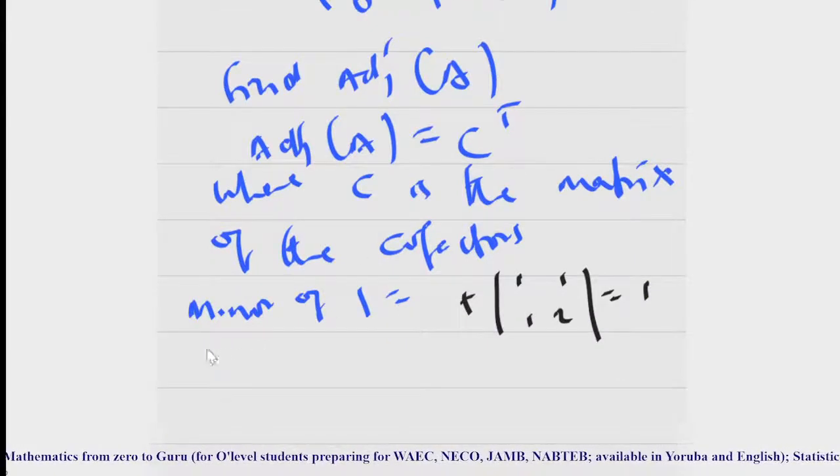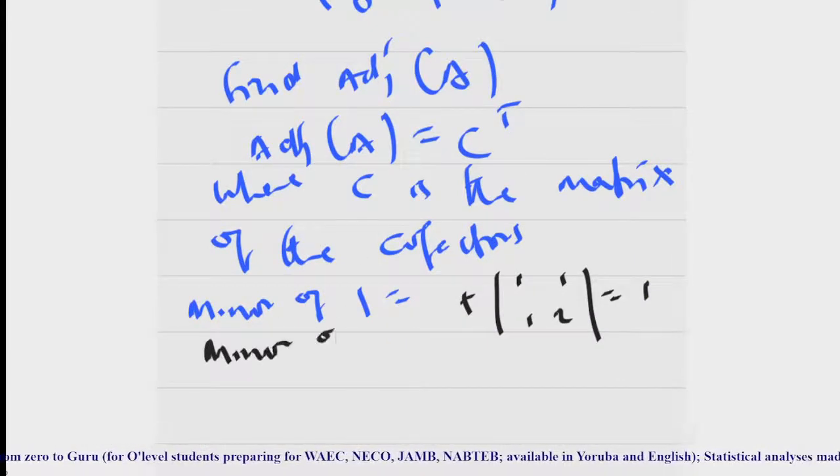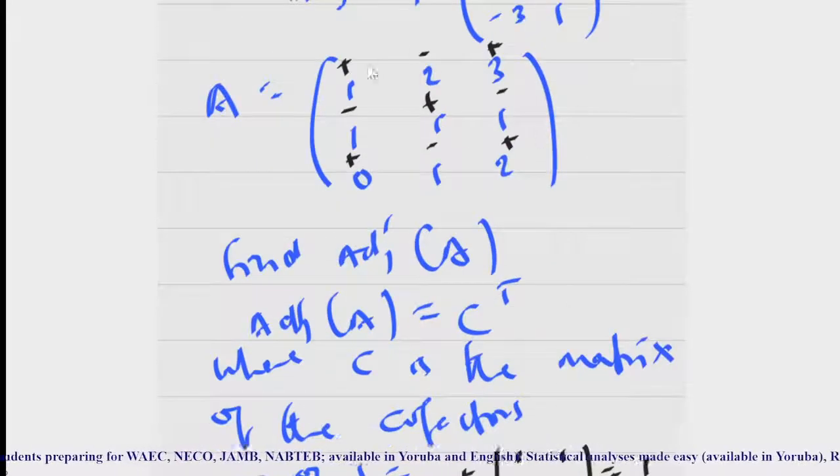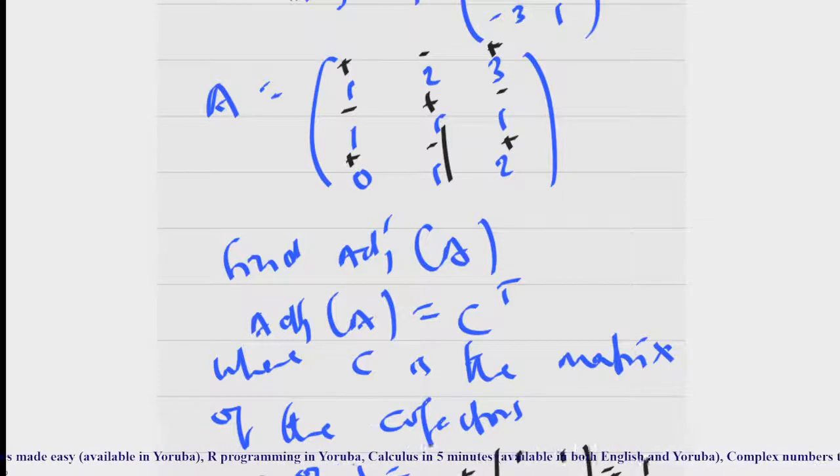You also find the minor of 2. You clear the row as well as the column. Then we have 1, 1, 0, 2. Let me just show it, then I can delete it after that.